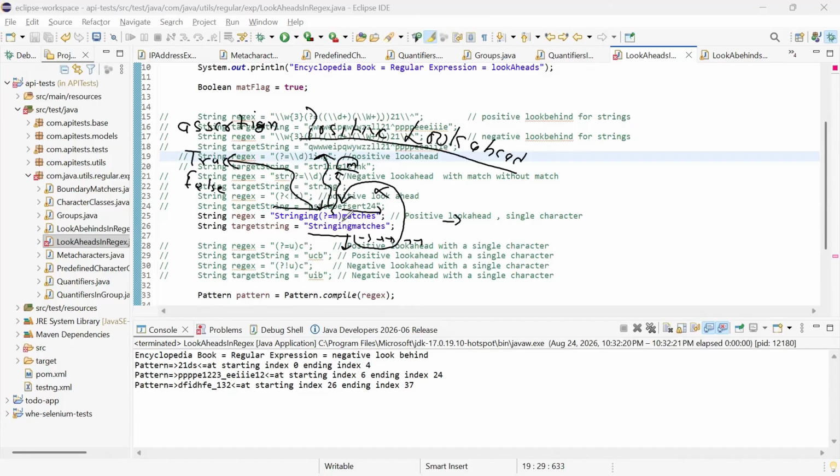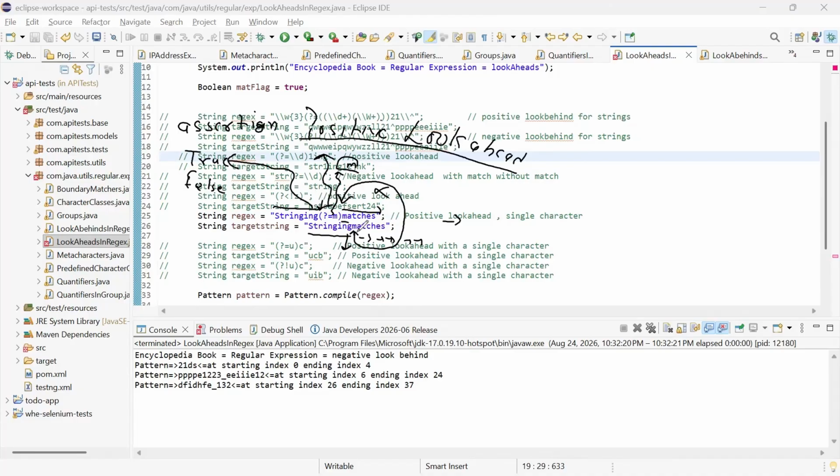The next character we have here is M, and that M matches the character which made this expression come to a conclusion of true.